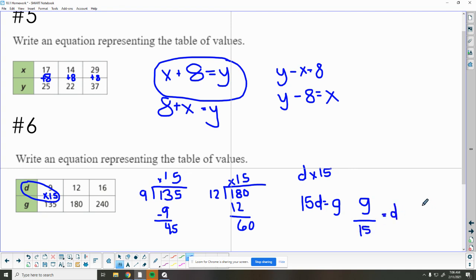All of these sound too similar. I could take my total and I could divide it by D and that would give me 15. So any of these 3 equations will give me the values in this graph here.